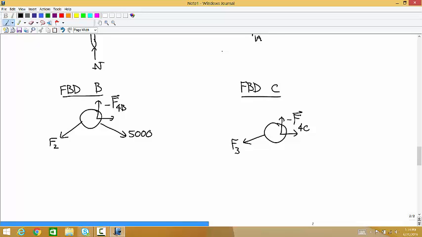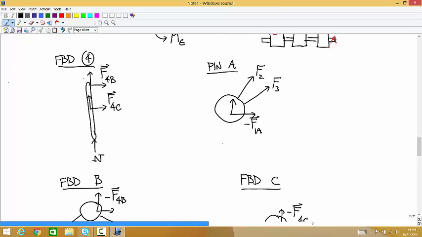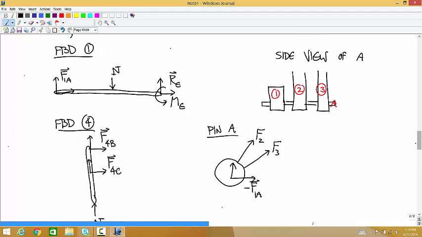So how many variables do we have? We have F1A, R_E, N, and M_E.